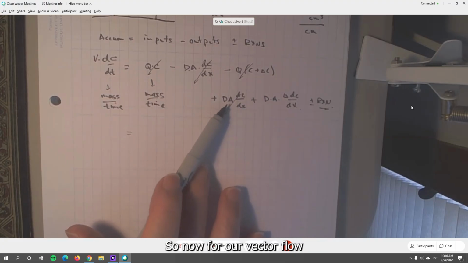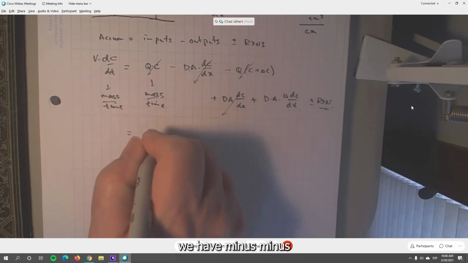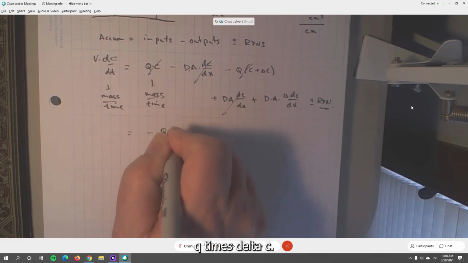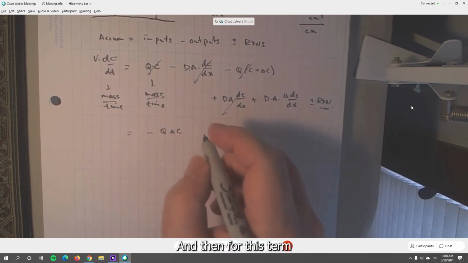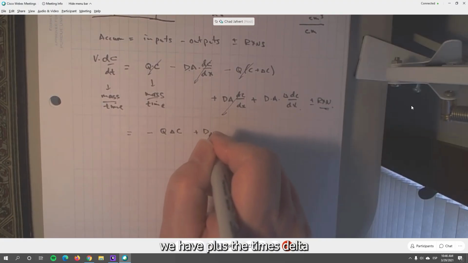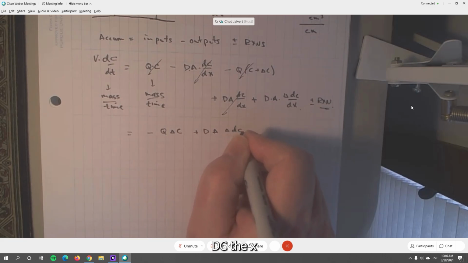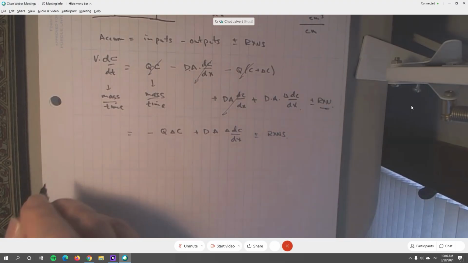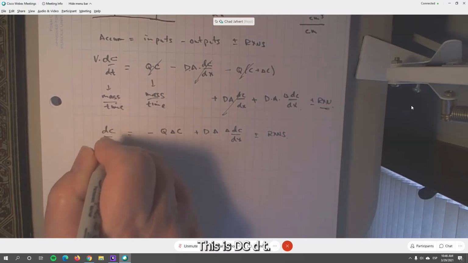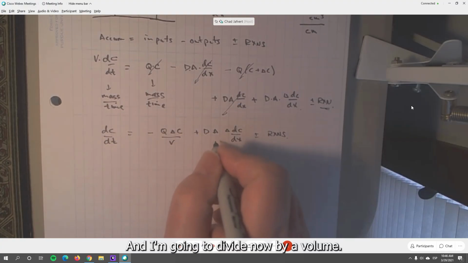So now for our advective flow, we have minus Q times delta C. And then for this term, we have plus DA times delta dC/dx, plus or minus some reactions. This is dC/dt, and I'm going to divide now by volume.